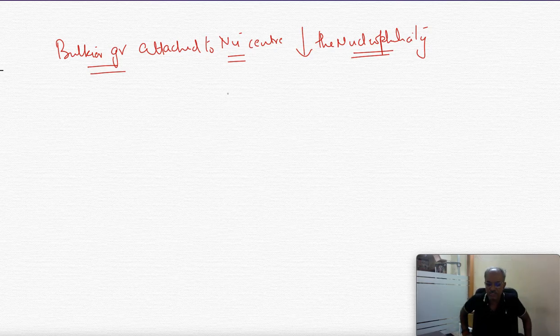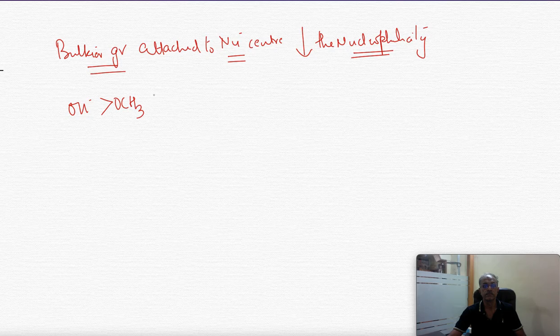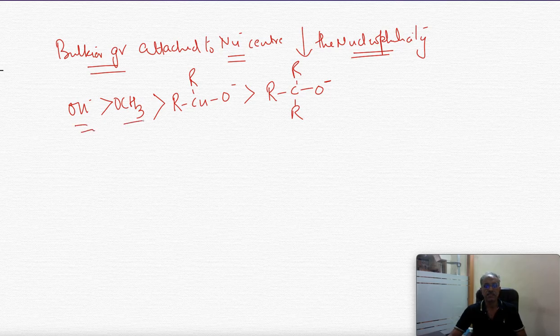Take for example, OH minus is more than a bulkier alkoxide.